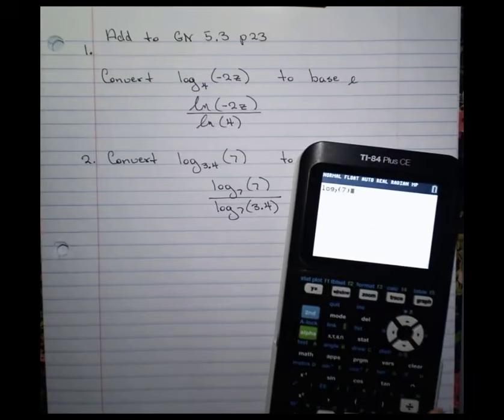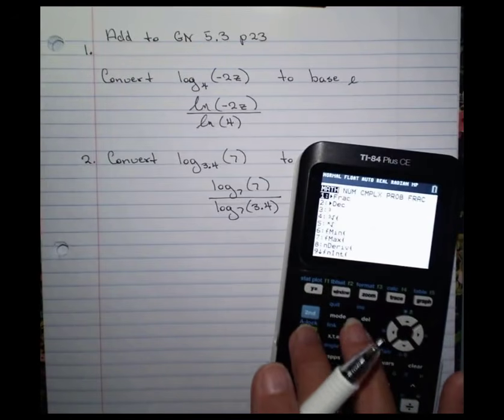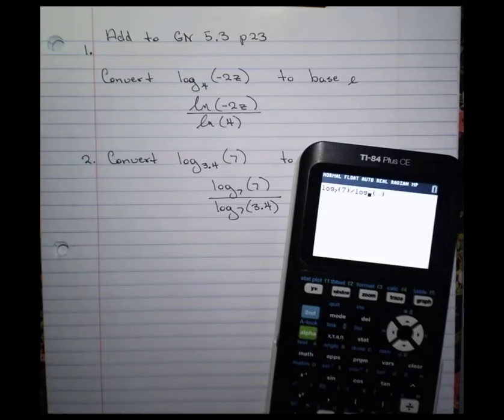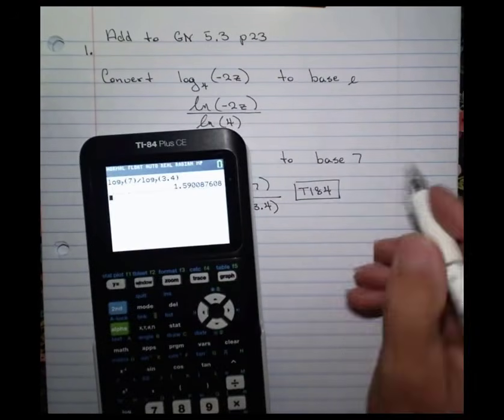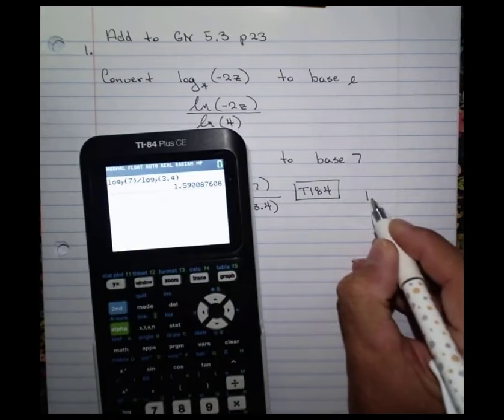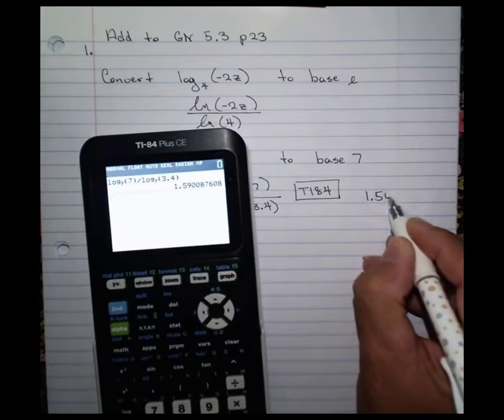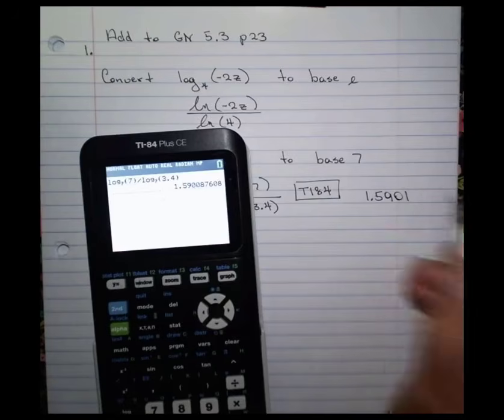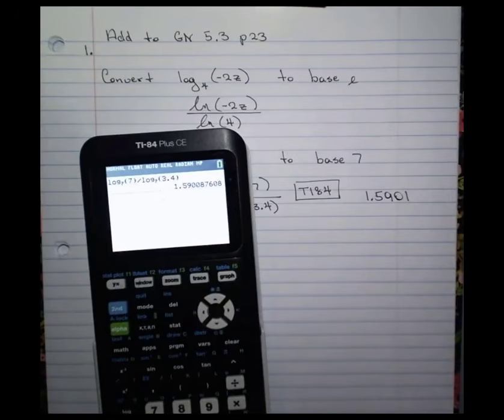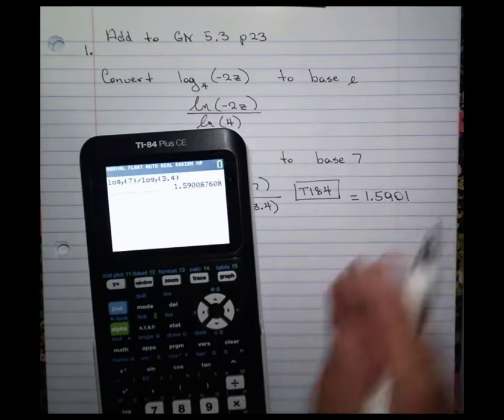I'm going to arrow over and say that's going to be divided by, and I'll do it again, math, alpha math, and say this is base 7. And the argument here is what the old base was, 3.4. Now I'm going to just say enter and see what it comes out to be. And when I got it, it came out to be 1.5901. Let's go to 4 decimal places. We'll round that to 1.5901. I'll see that's what it equals.